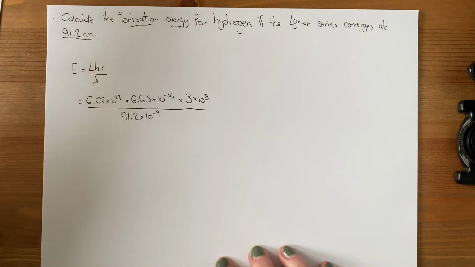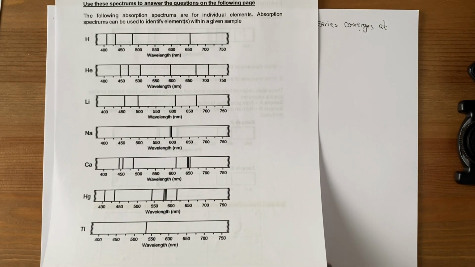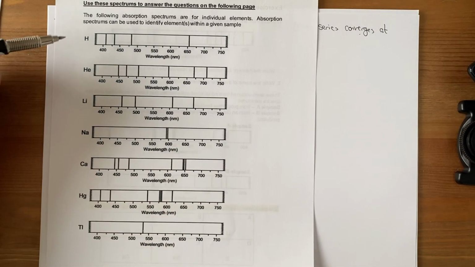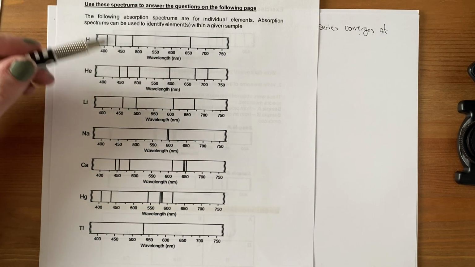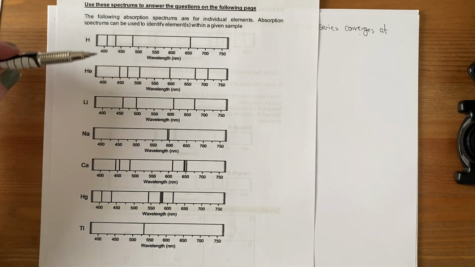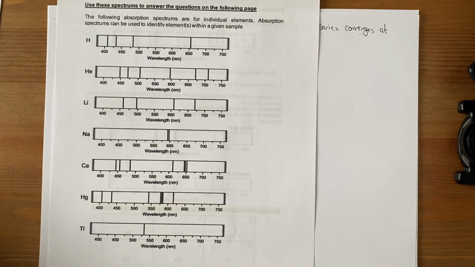Another thing that might come up is if you remember looking at spectroscopy in higher, you would get questions, and I guess they look kind of similar to this. So this question here has hydrogen, helium, lithium. It has basically the absorption spectrum for multiple different elements.